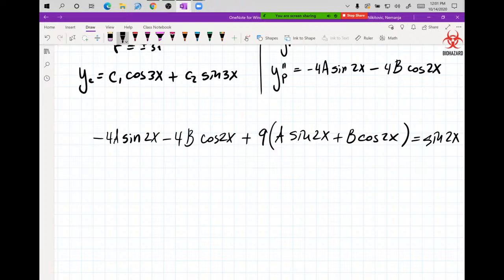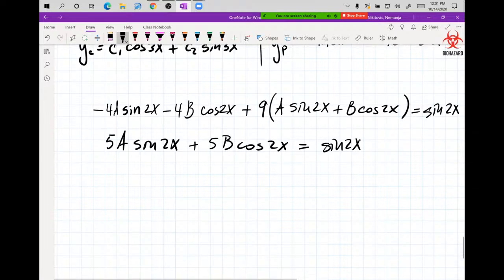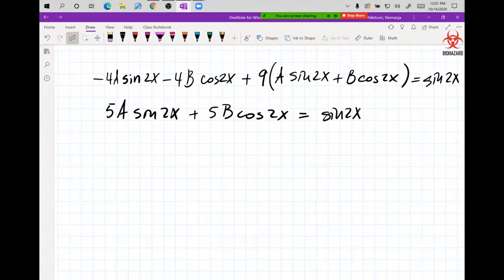9a minus 4a is 5a sine 2x. And then 9b minus 4b is positive 5b cosine 2x, equal to sine 2x plus 0 cosine 2x if you want. So now sine and sine have the same trig function, right?